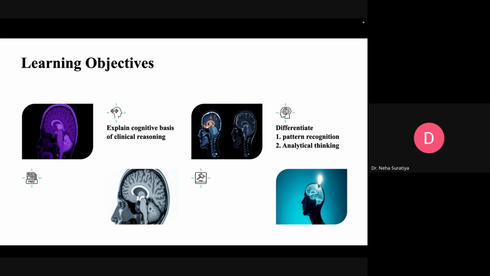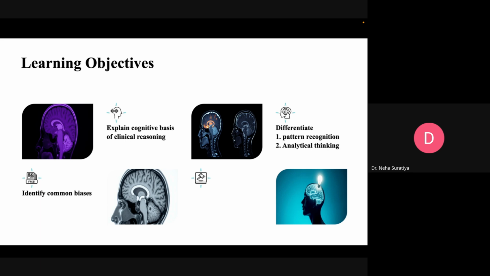You can say pattern recognition is traditional practice. Traditional means whatever you have experienced, whatever you have learned, and you are quickly reacting. And analytical thinking means in complex cases you need certain things, you invent something different, right? Don't worry if you are not getting this, it is just an overview of what is coming in our session today.